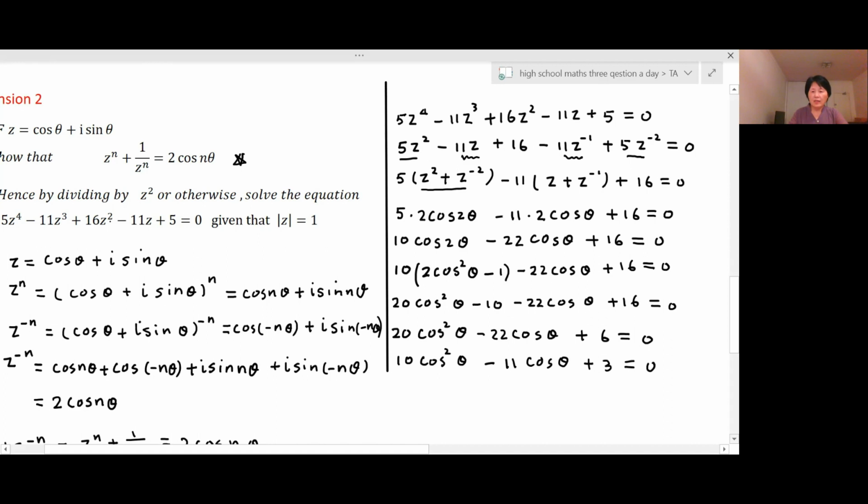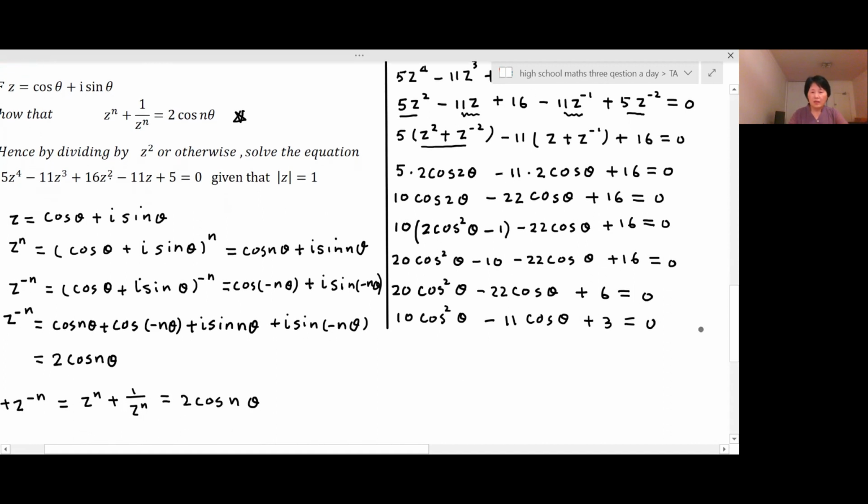Okay, now I factorize this one here. So for 10, I can put the 2 and 5, then 3, 1. Okay, I don't do this one. And this 2, 5.